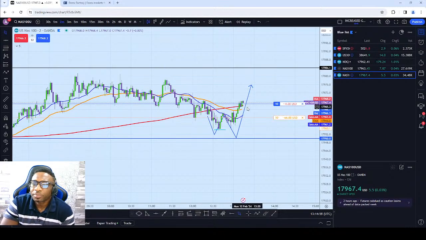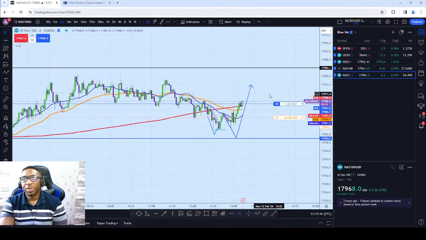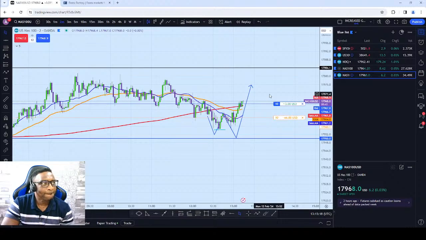But if it moves above our entry, we'll just put our stop loss at break even. Then we just wait. So if the market opens and we are still in the trade, no matter what happens, we'll be in a risk-free trade, so we'll be fine.